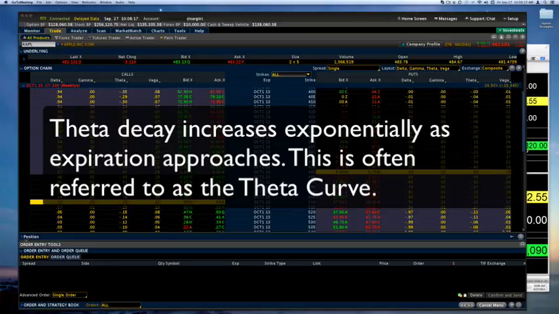For weekly options, what's really cool about those, when we start selling options and we're collecting that premium, is that on the last day, late Thursday and Friday, the premium is being collected at an exponential rate. That's really important when we start looking at some of these different strategies in terms of the timing when we decide to either get in or get out of that strategy.